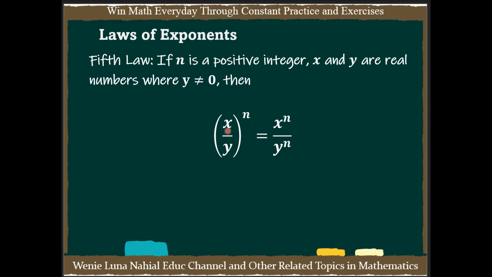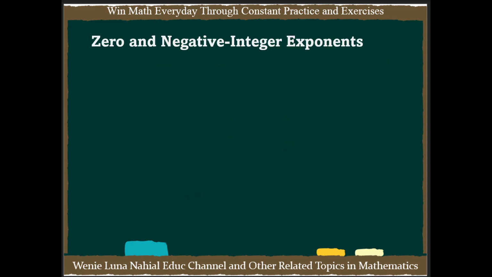This is just equal to the numerator raised to the given power and the denominator raised to the given power, so x raised to n divided by y raised to n. For the illustration we have here, 3 over 2 raised to the third power. So the numerator is raised to the third power and the denominator is raised to the third power. So 3 cubed is equal to 27, 2 cubed is equal to 8. So the result is 27 over 8.